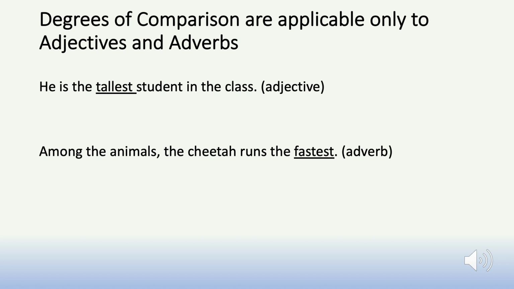It is only to adjectives and adverbs, in other words, the qualifying words. They are the ones that indicate a quality. So it is a quality that is being compared. That is why it's only adjectives and adverbs that change when we speak about the different degrees of comparison.